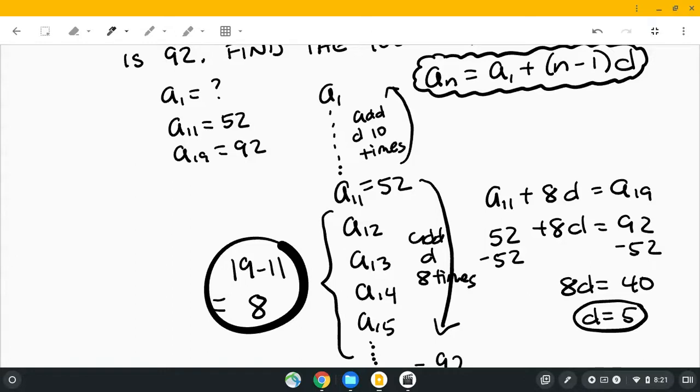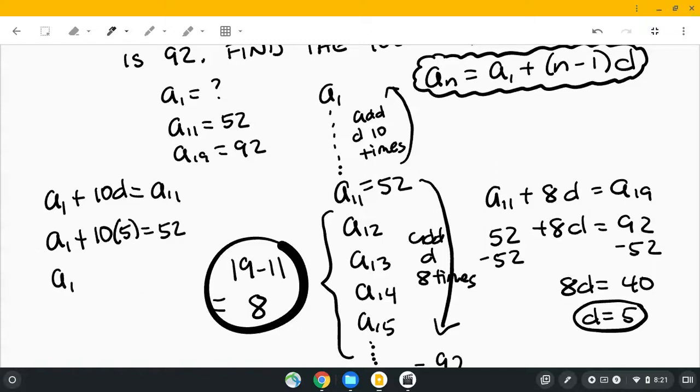So A1 plus 10D gives me A11, but I have numbers for D and A11. D is 5, and A11 is 52. So now I can solve for A1. A1 equals 2.